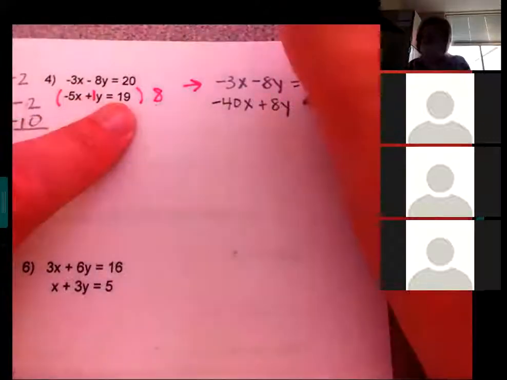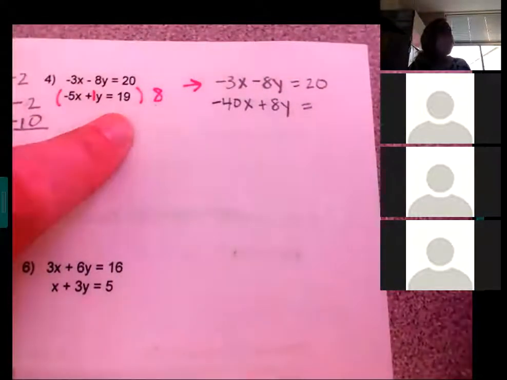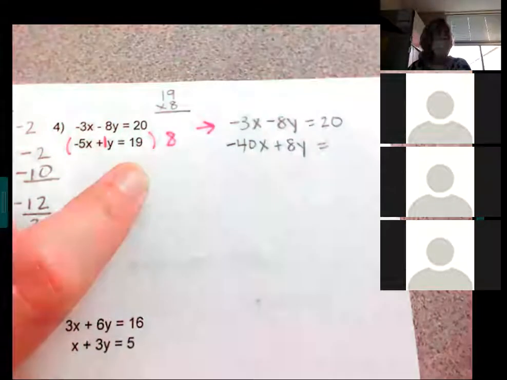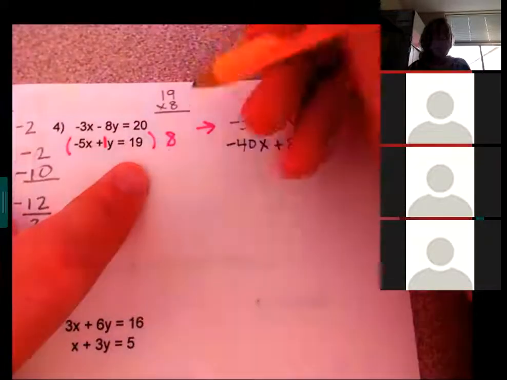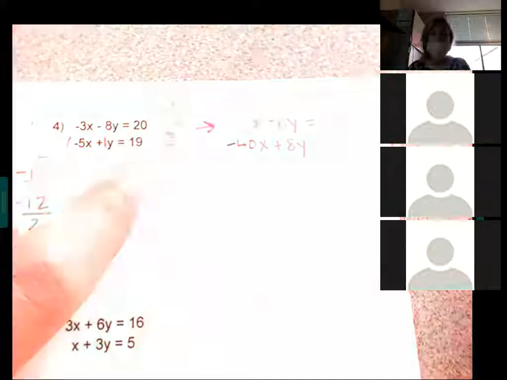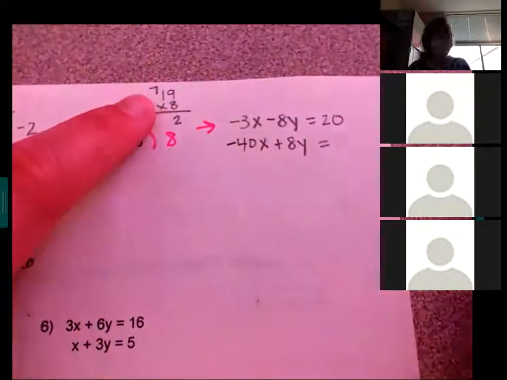All right. Now, I don't know what 19 times 8 is, and y'all stay putting stuff in a calculator. I'm going to let you answer in a second. I'm going to refresh your memory and make sure we know how to multiply. What's 9 times 8? 72, and you carry the 7, right? What's 1 times 8? What's 8 plus 7?